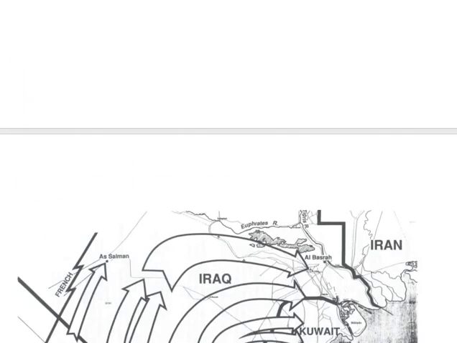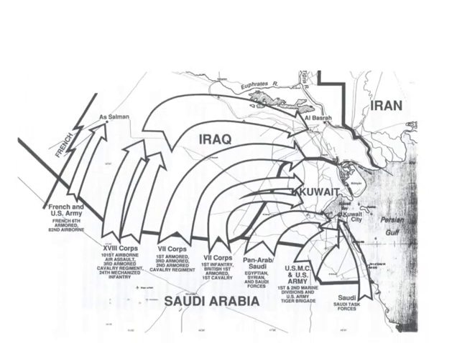And some people were talking about their troops being in Iraq, I think, but Saudi Arabia is the country that borders to the south here. So Saudi Arabia allowed French and U.S. troops here, and then here we have Egyptian, Syrian, and Saudi forces, and it's an international effort to kick Iraq out of Kuwait and back into Iraq.